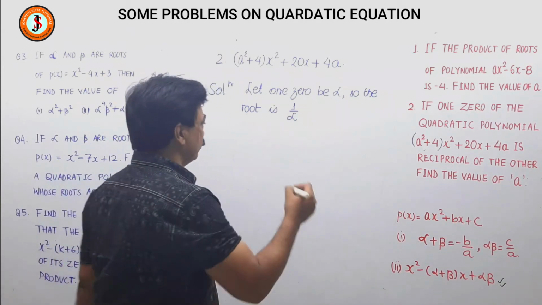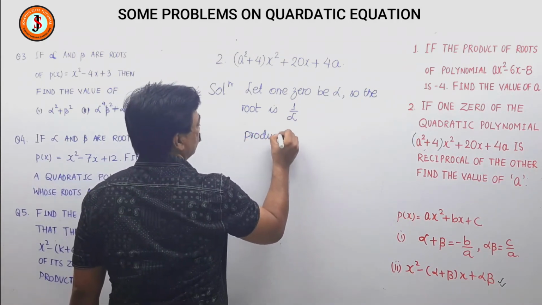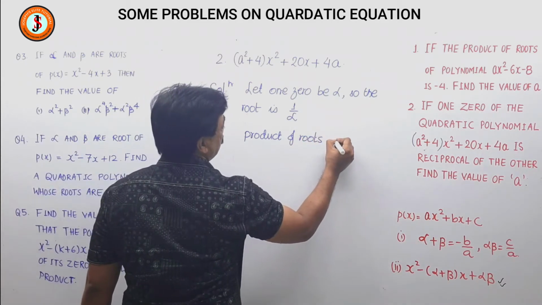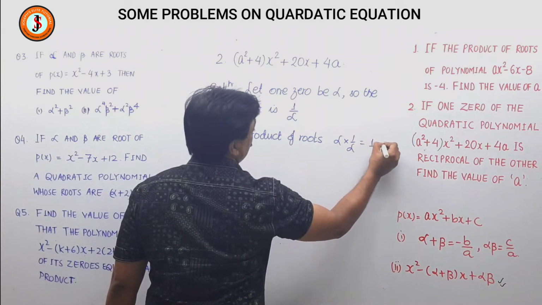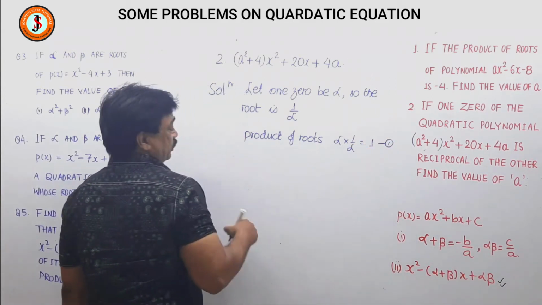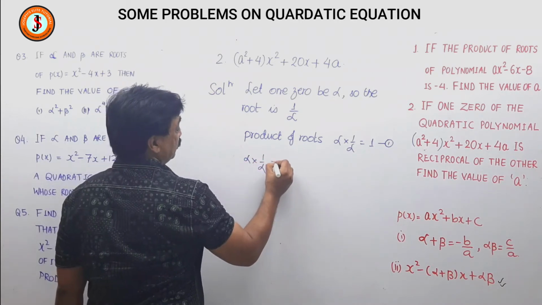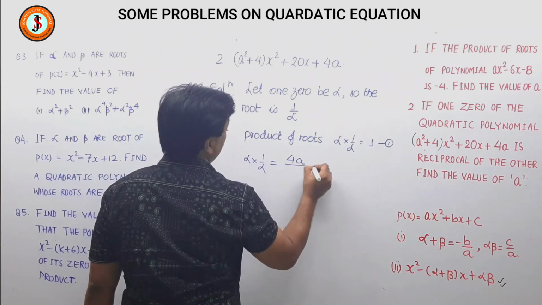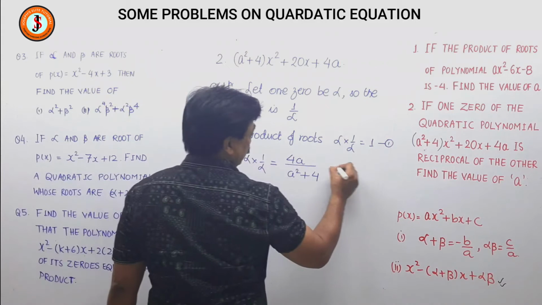So, the product of the roots will be alpha into 1 by alpha, that is equal to 1. This is equation 1. Then secondly, the product of the roots, alpha into 1 by alpha, will also be equal to c by a, that is 4a divided by a square plus 4. So, this is equation 2.